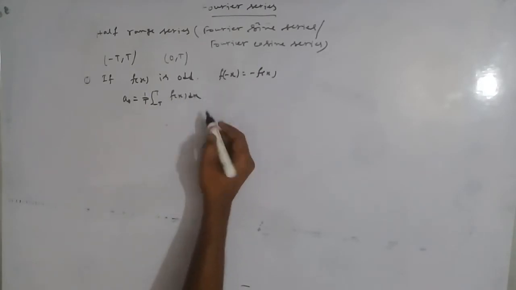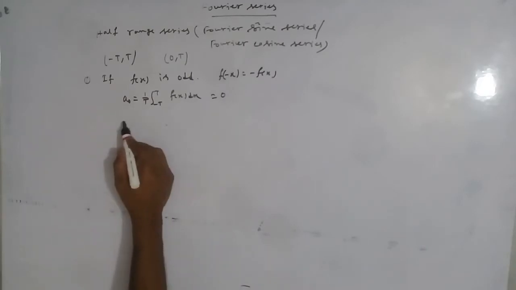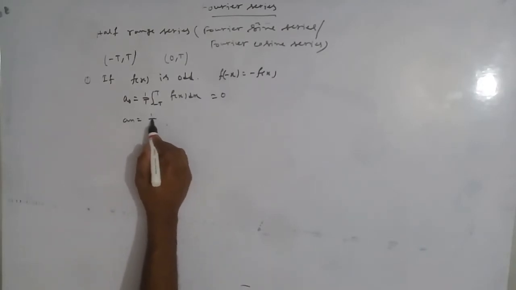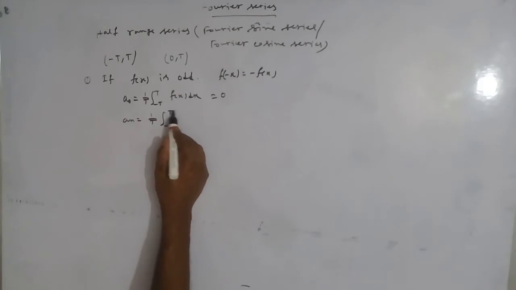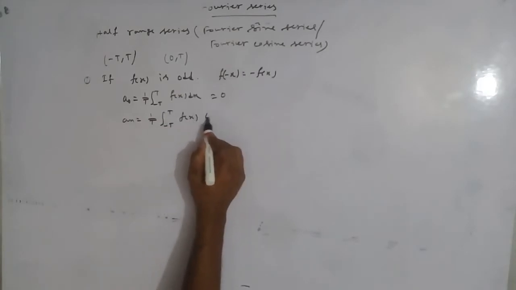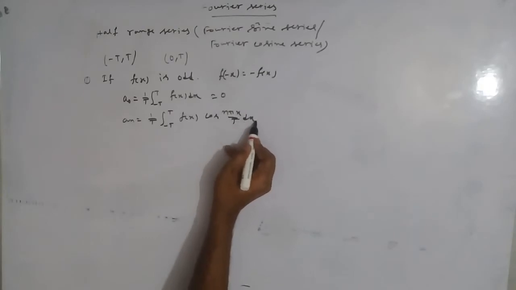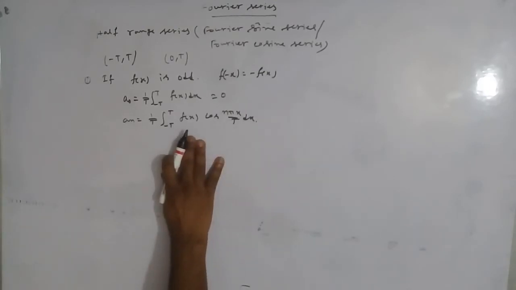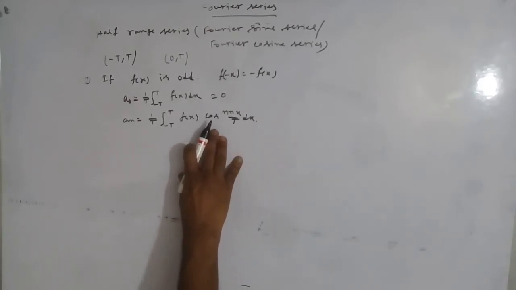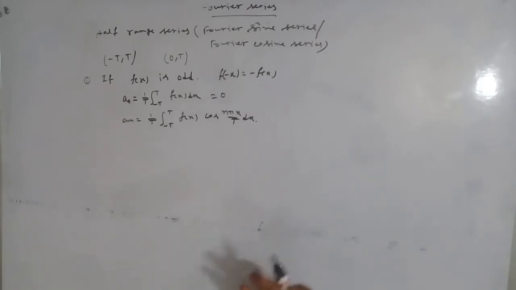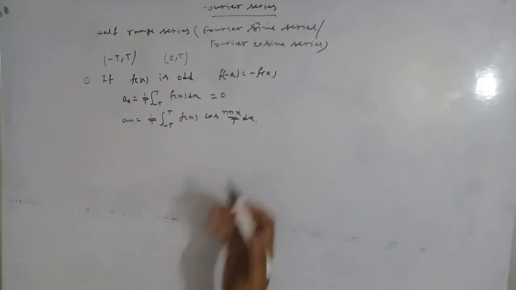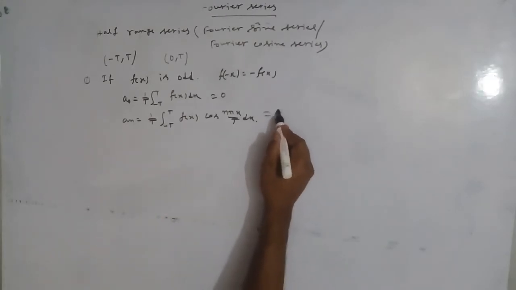Now since f(x) is odd, this value will be 0. Now an was 1 by t integral minus t to t f(x) cos n pi x by t dx. Since f(x) is odd and cos is even, the product of odd and even function is always an odd function, so this is also 0.